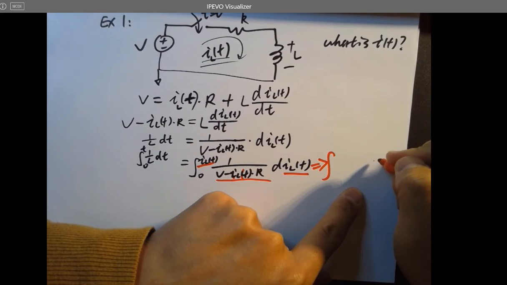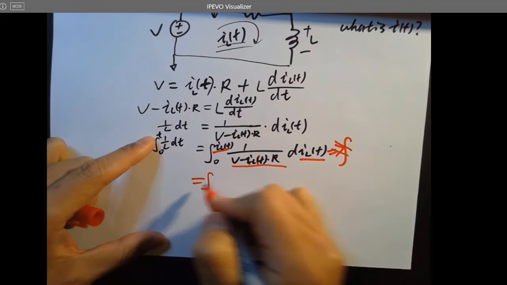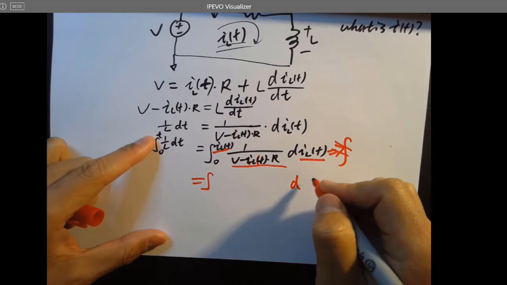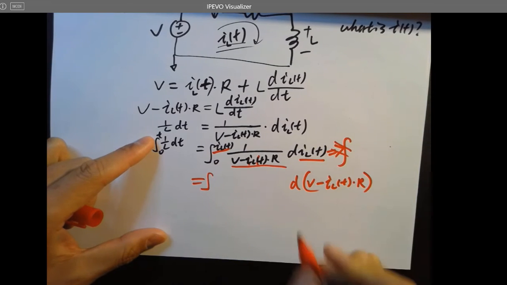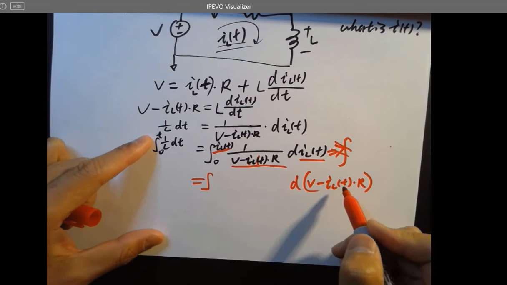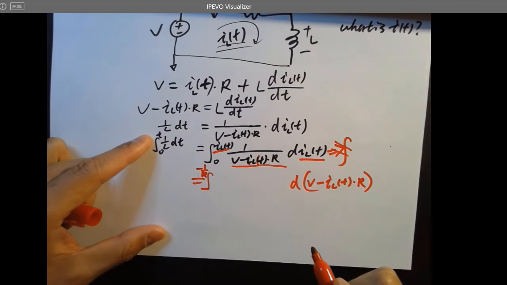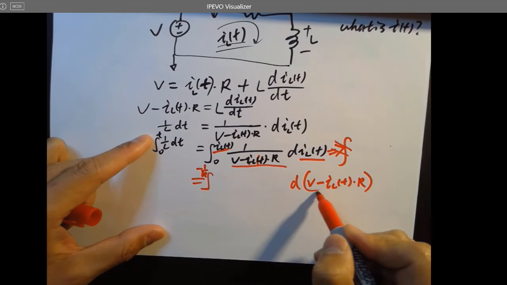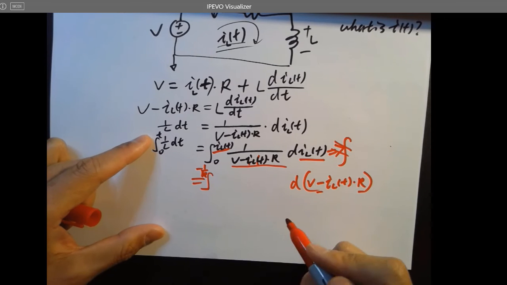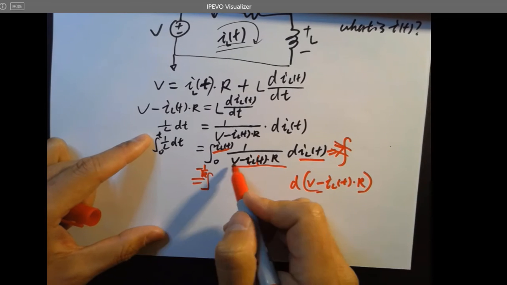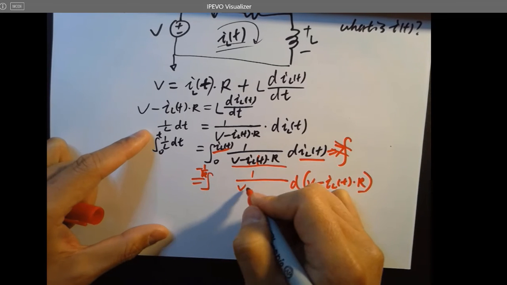I have to have V minus I_L(t) times R here, so in order to get this, I have to multiply by minus 1 over R in the front to cancel the minus sign and R eventually. In that case, this is exactly this part, which is great. So we can directly use a natural log for the integration.